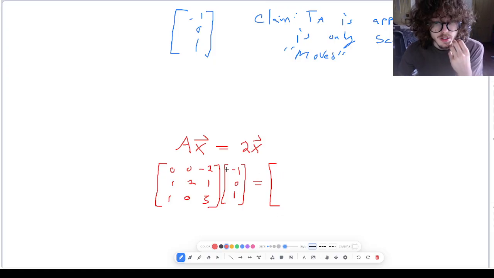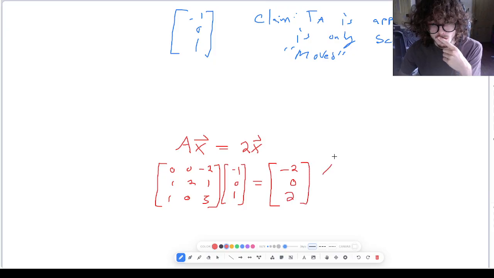So let's see here. When we do this row, we're going to get -2. When we do this row times this column, we're going to get -1 plus 1, which is 0. Then -1 plus 3, that's going to be 2. And if you notice, that's exactly 2 times x, our vector.